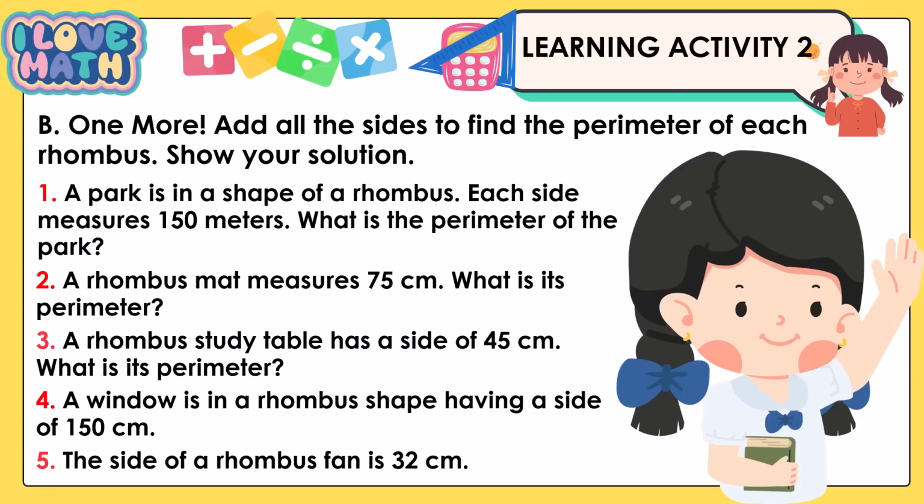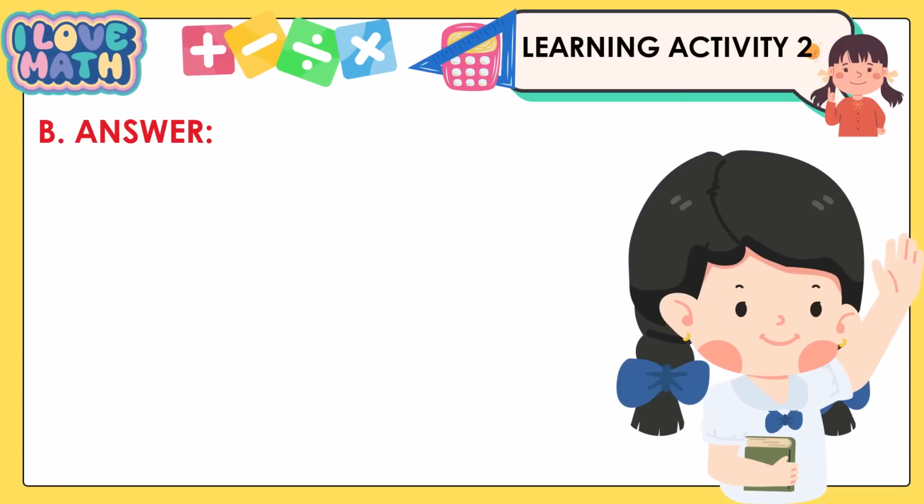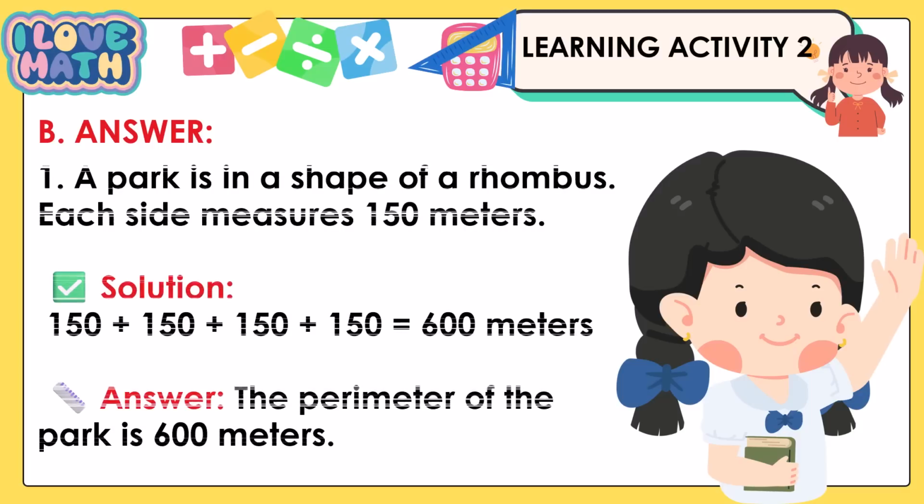Letter B, one more. Add all the sides to find the perimeter of each rhombus. Show your solution. Here's numbers 1 to 5. Let us answer. Number 1, a park is in a shape of a rhombus.